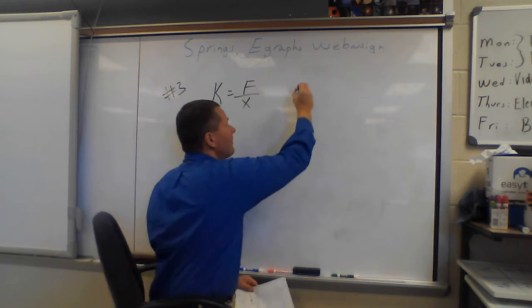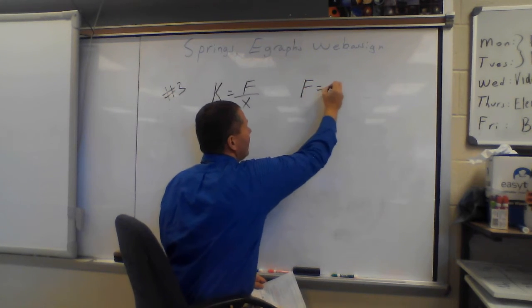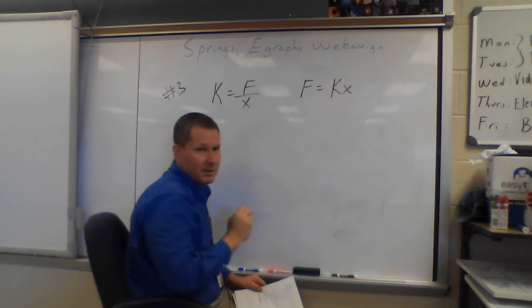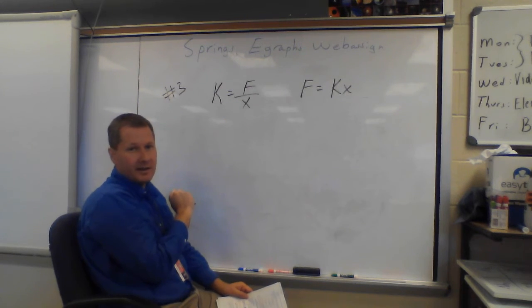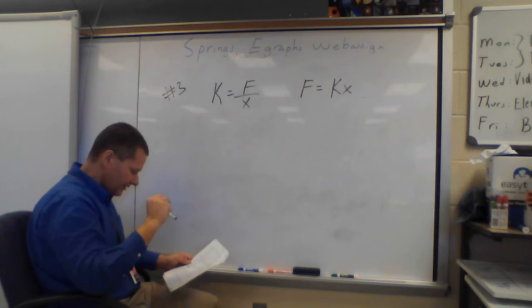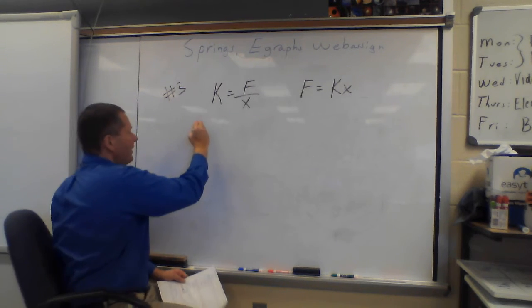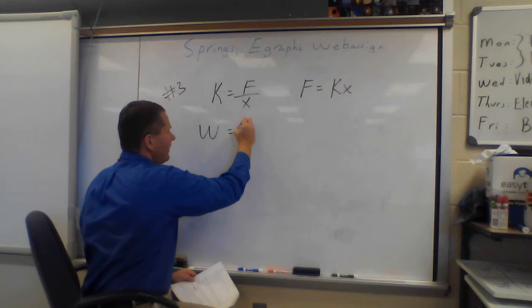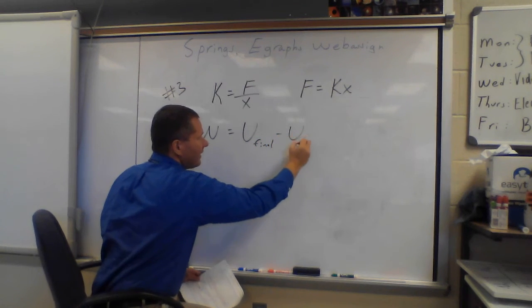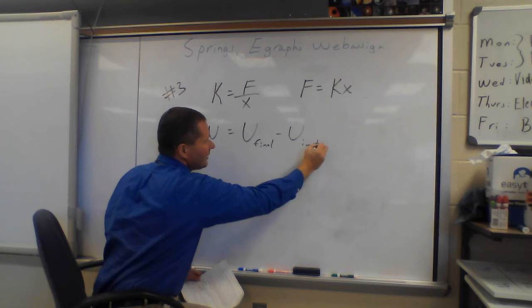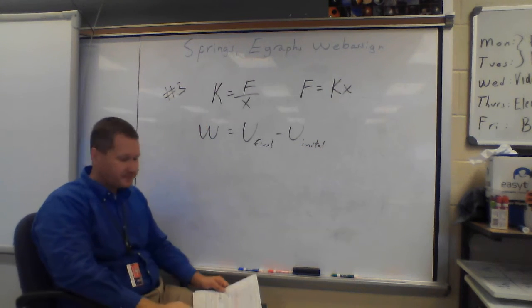If you don't like this format, this is the exact same thing as what we probably learned about in class. This is called Hooke's Law. This is just Hooke's Law rearranged to get the k. So once you get your spring constant, we know that work is the final energy of the spring minus the initial energy of the spring.